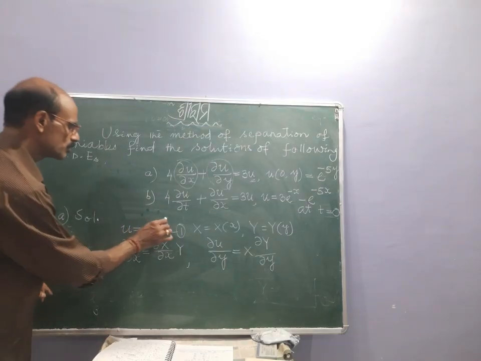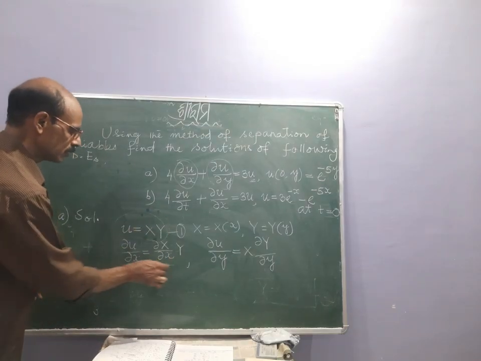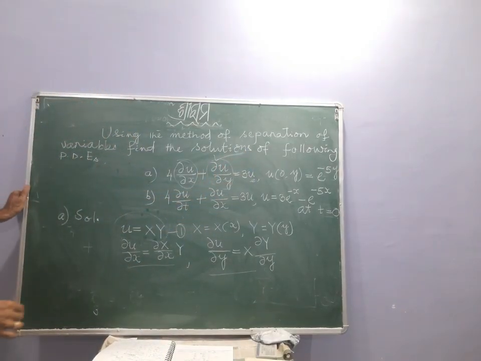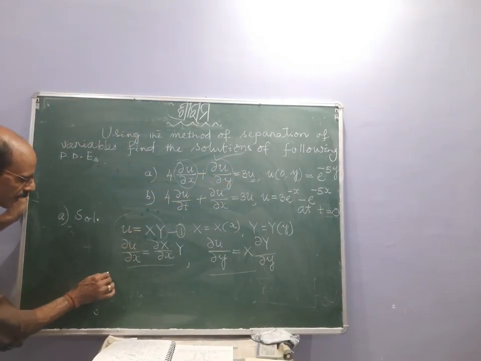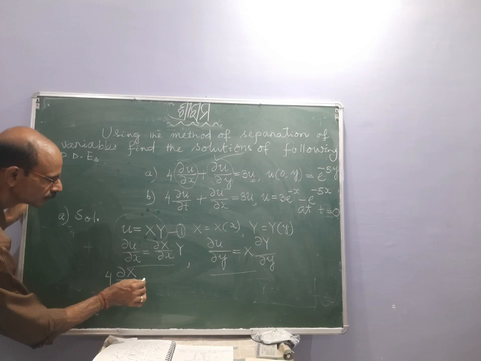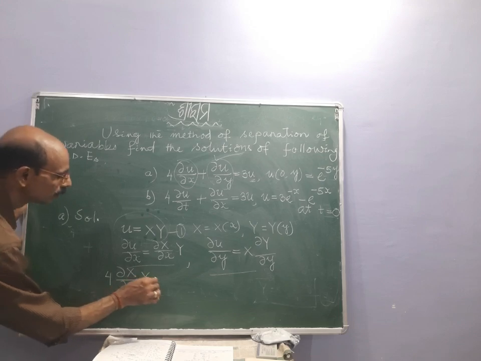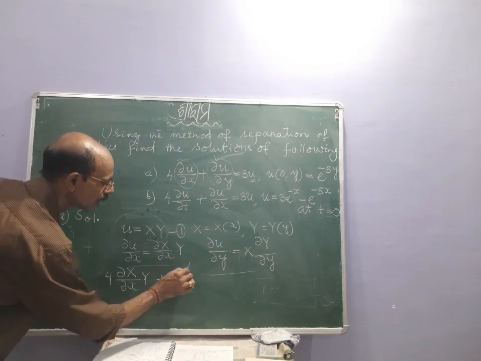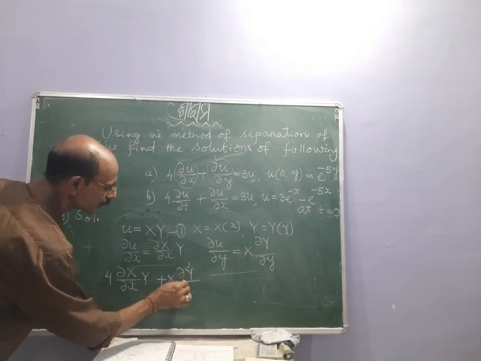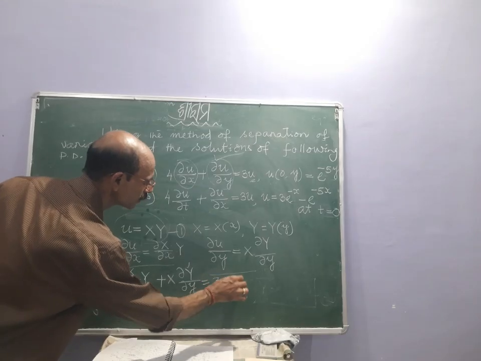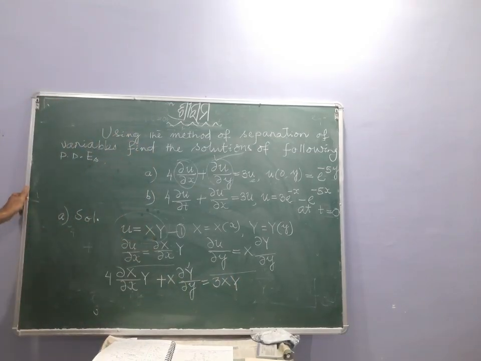Now use these in the given partial differential equation. Using them, we will obtain 4 del X by del x times Y plus X del Y by del y is equal to 3XY, because u is equal to XY.